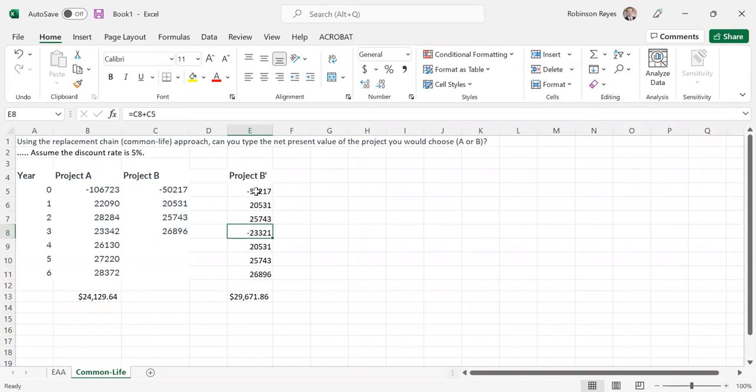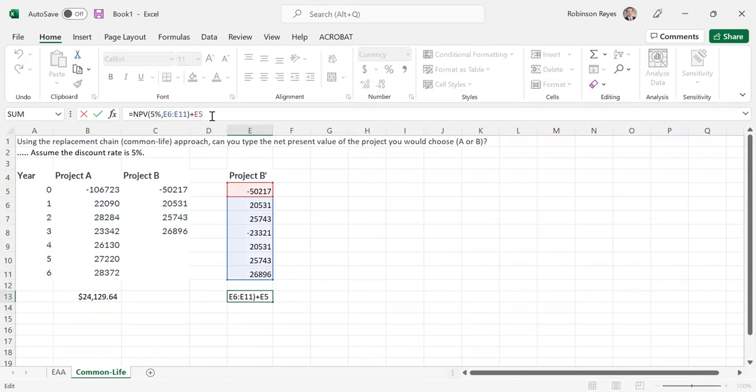Right now we are just focusing on the net present value. We replicate this project, and now once again we just repeat the procedure to get the net present value. And now between these two present values we can compare, and we see that project B has a higher net present value, so we choose project B.